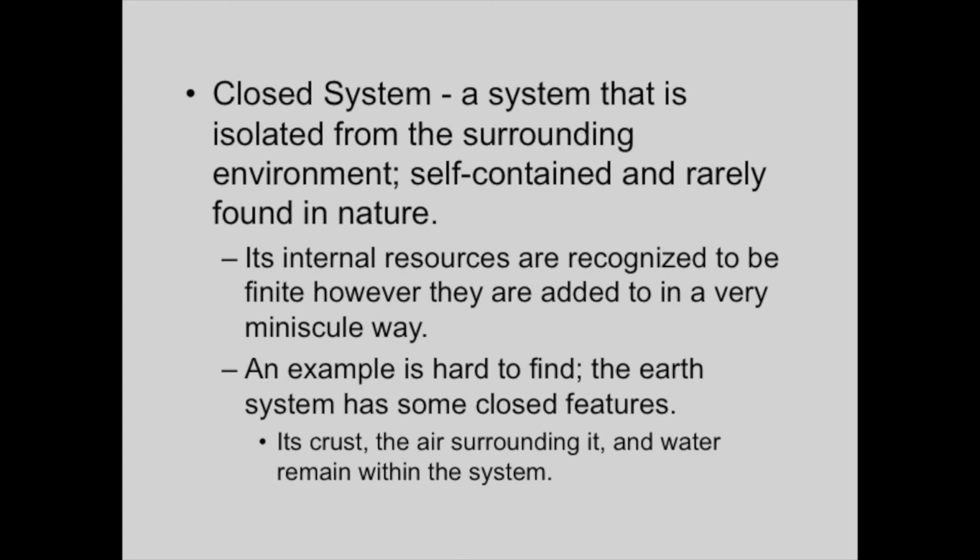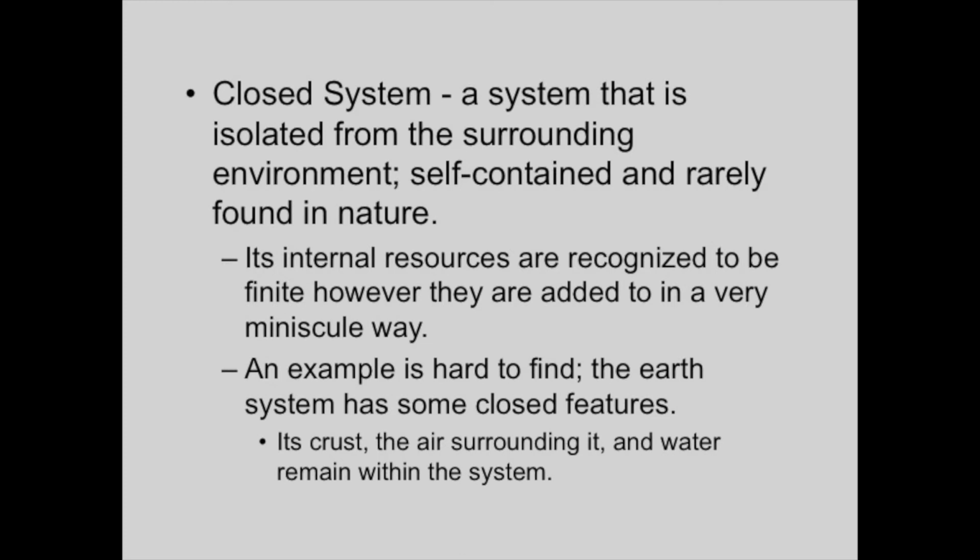With regard to physical matter and resources such as air, water, and material, the Earth can also sometimes be considered a closed system. Its internal resources are recognized to be finite. However, they are added to in very minuscule ways. So when we're talking about things like soil and rock material associated with the planet itself, this would be something that is not actively being added to.